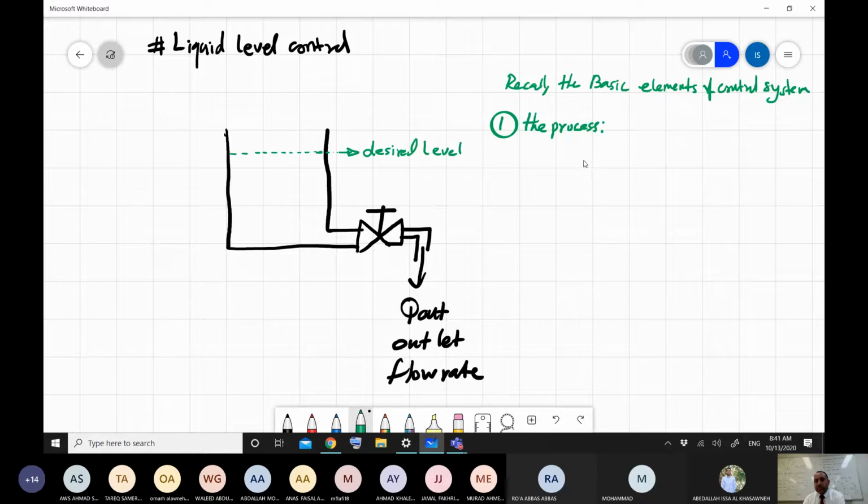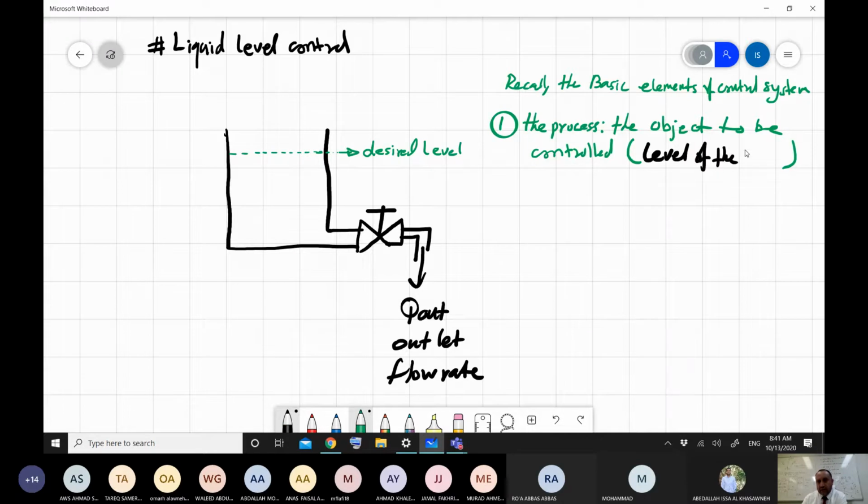And simply the process we defined as what? The object to be controlled. And in this case, ask yourself what I'm controlling here. The liquid level. So simply here I'm controlling the level of the liquid.